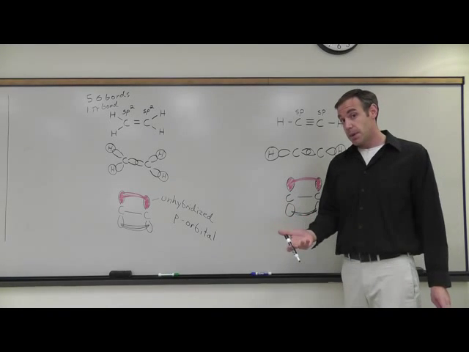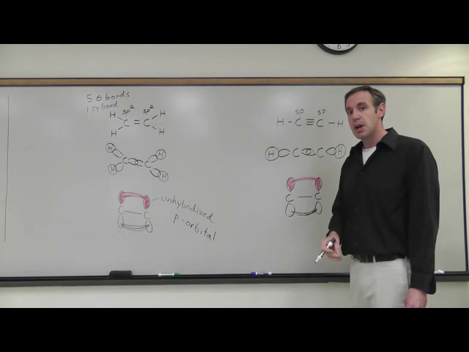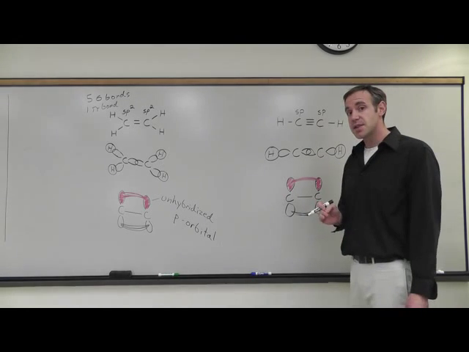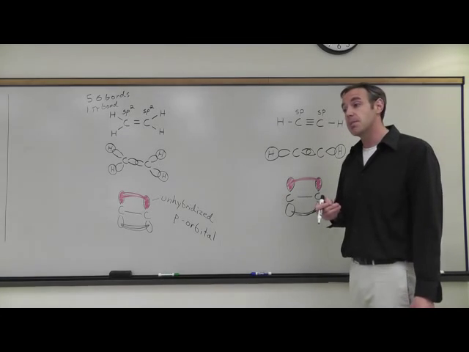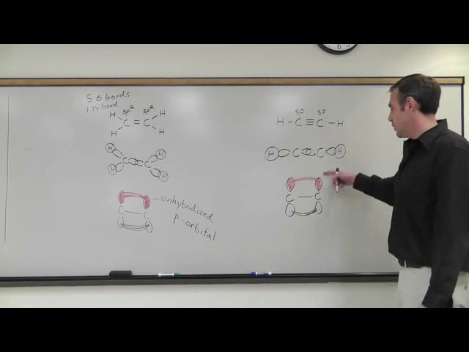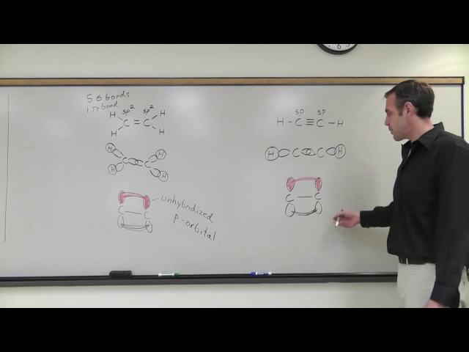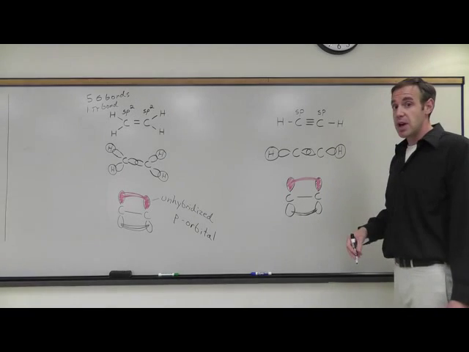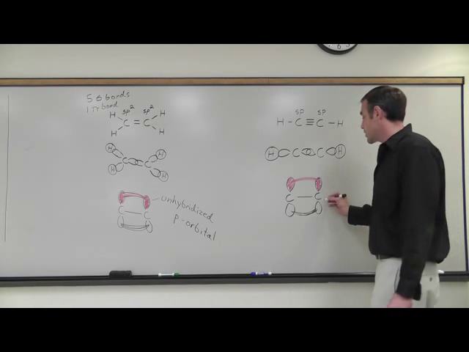Now, the important thing to remember about p orbitals is that they come at 90 degrees from each other because they represent an axis on a Cartesian coordinate system that's either x, y, or z. And so if this, for example, would be the z direction, then perhaps we would have another p orbital that was unhybridized in, say, the x direction.